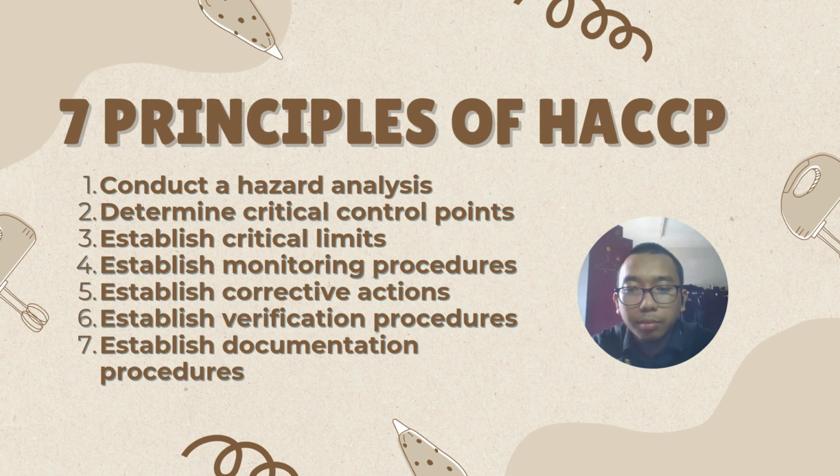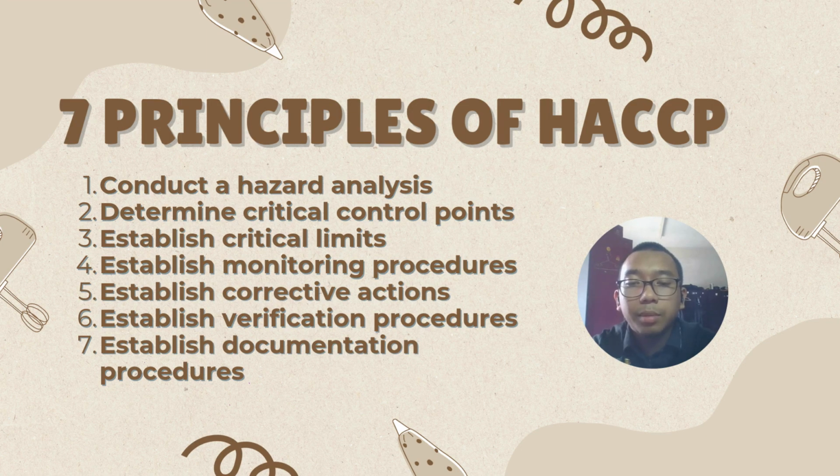CCPs are steps at which controls can be applied to mitigate food safety hazards, for example chilling, thermal processing, and ingredient testing. Next, establish critical limits. Critical limits represent the maximum and minimum values needed at a CCP, for example keeping raw meat at a proper temperature, which is below 5 degrees Celsius.